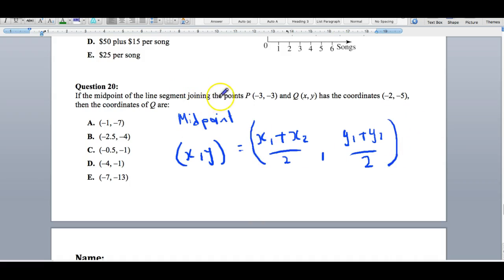Remember they're coordinates, so that's an x and a y. So the midpoint of the line segment joining the points, this one here is x1, y1, x2, y2, and this is your midpoint.